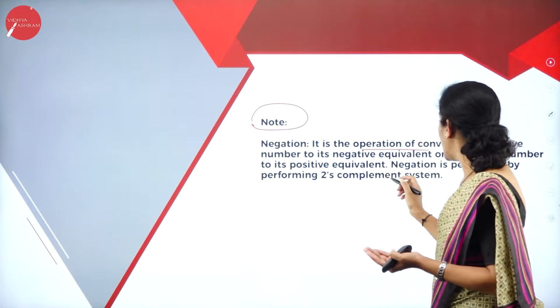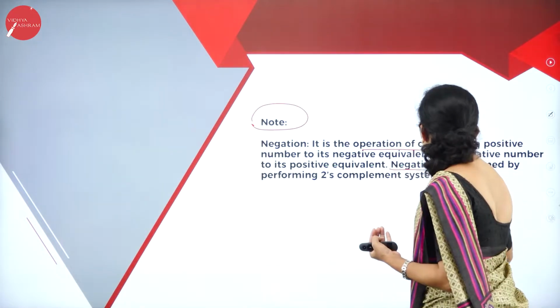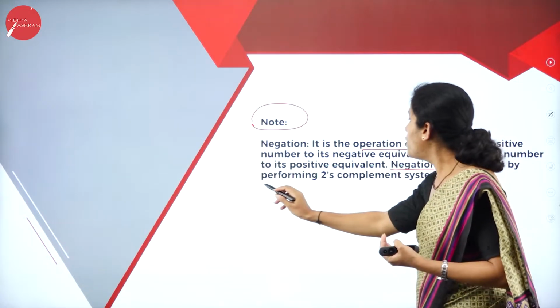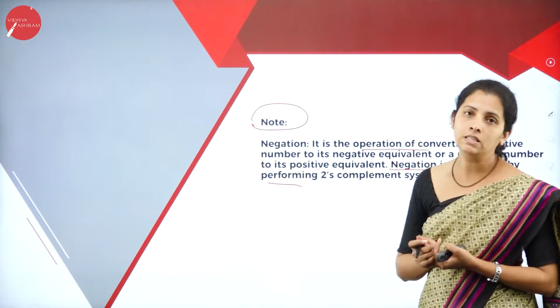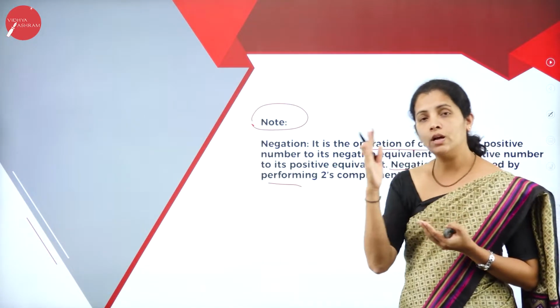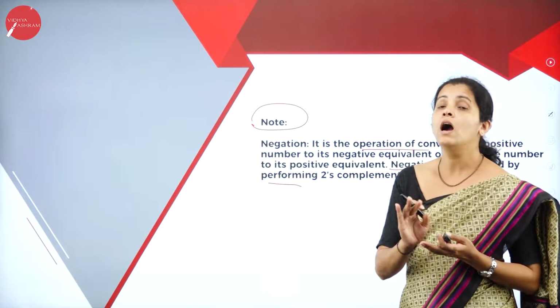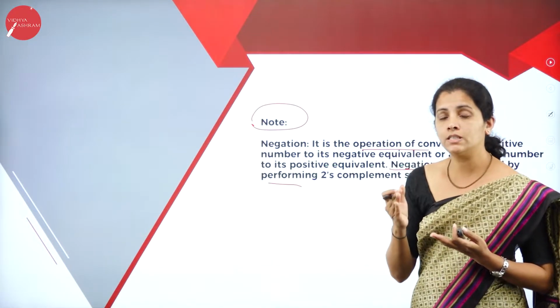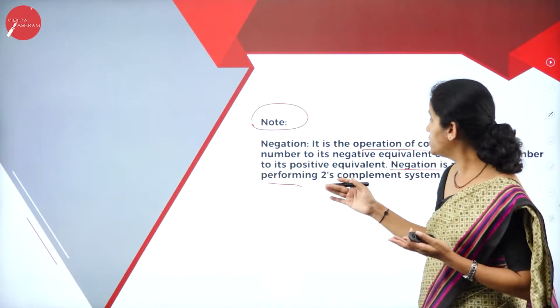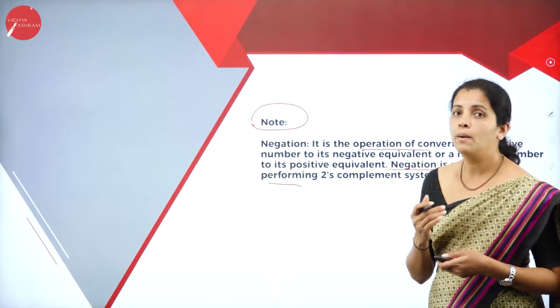At that time, we require negation. So negation is performed using the twos complement system. How can I achieve this conversion? By using negation. In that we are going to use the twos complement method.